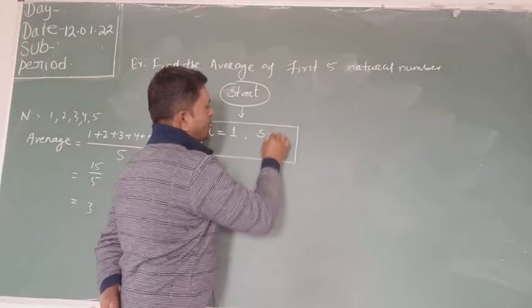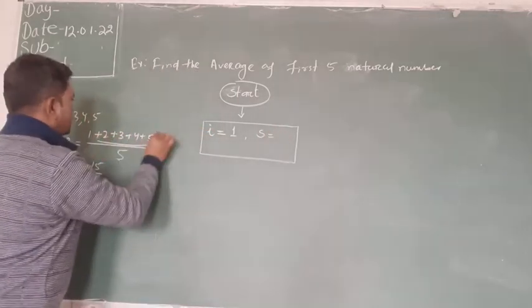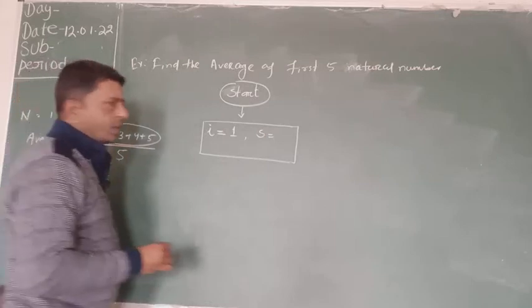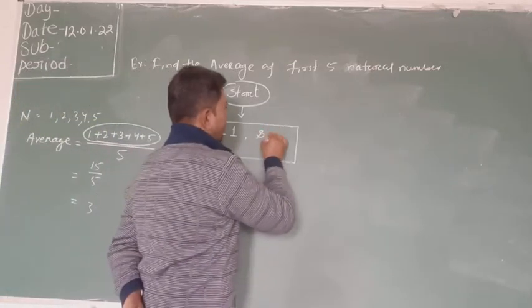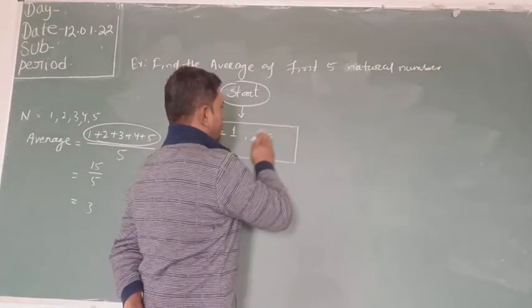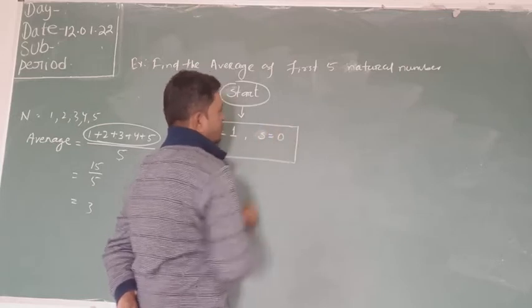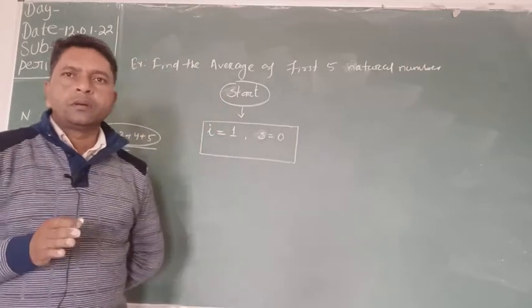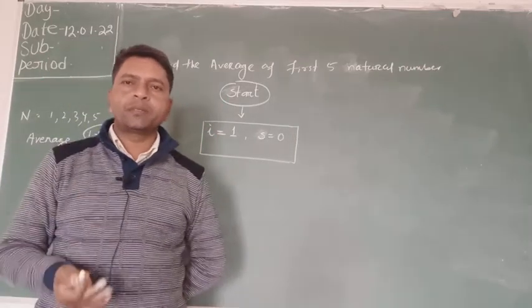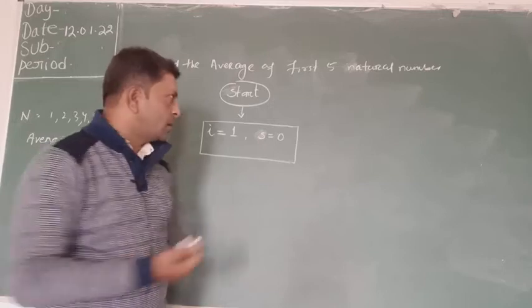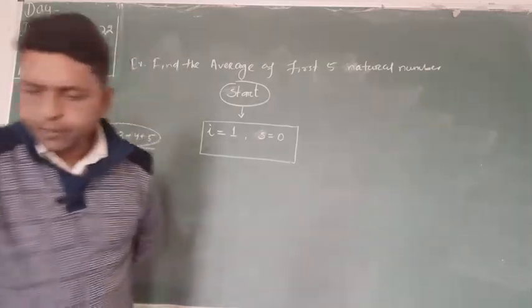For storing the addition, the sum of numbers, I take small s is equal to 0. Initially the sum is 0.